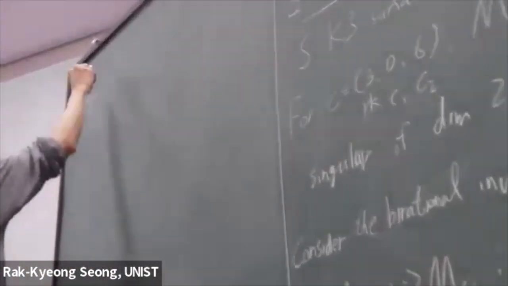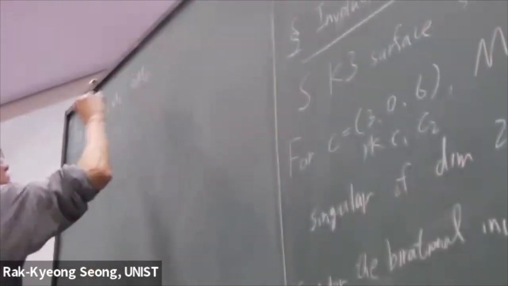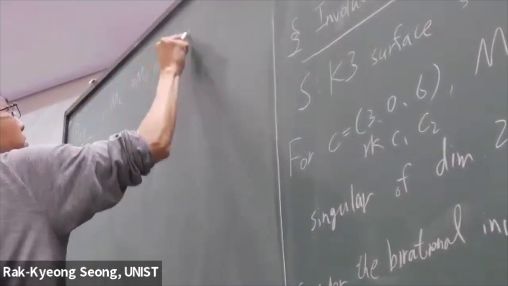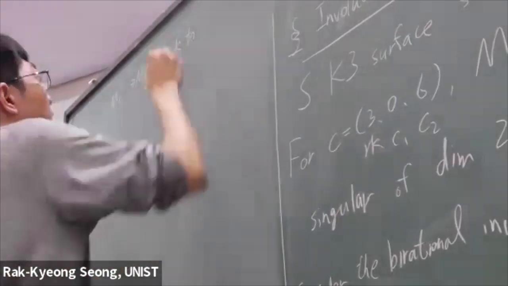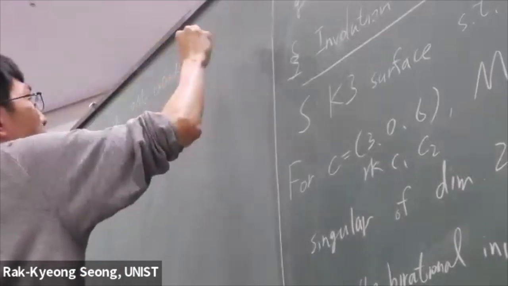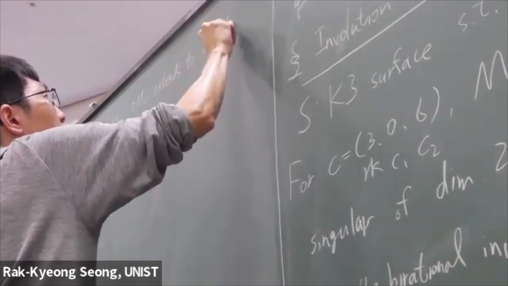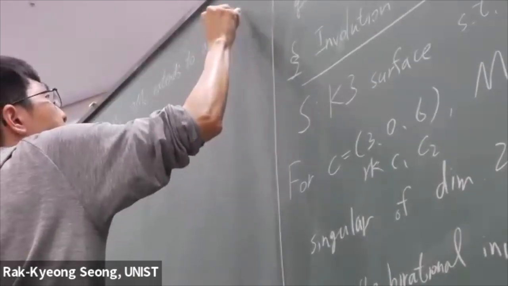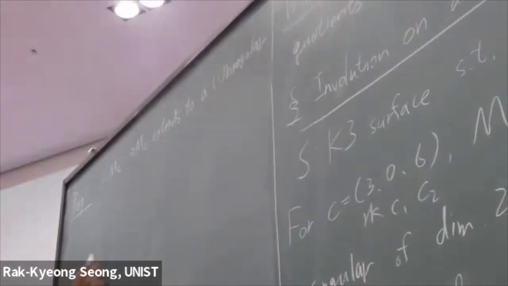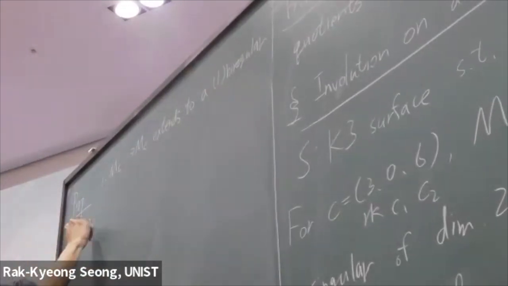So this involution, a rational involution, extends to the whole moduli space, and this has the following three properties. The first, this is a biregular involution, and also this is non-trivial.